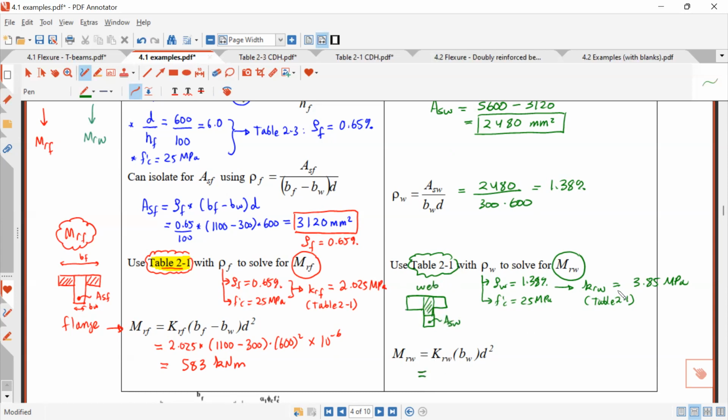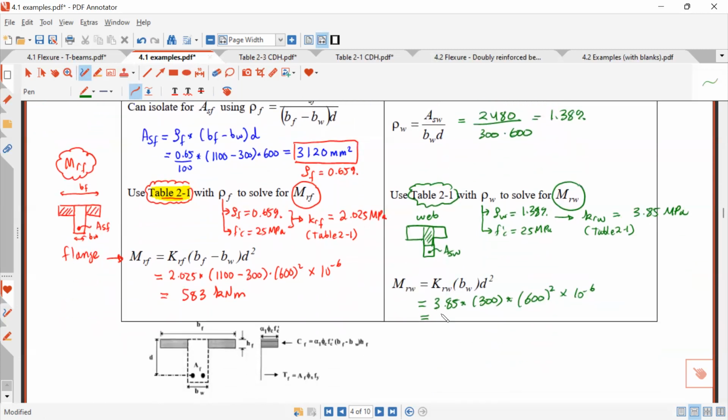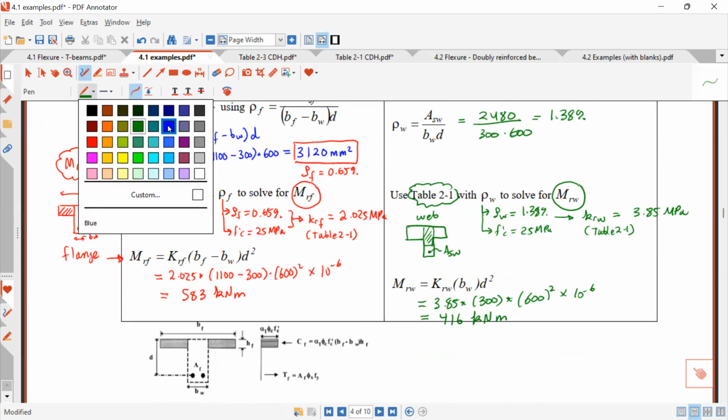I had found this KRW, it's 3.85 times BW, which is 300, times D squared, which is 600 squared, times 10 to the minus 6. This gives me an MRW of 416 kilonewton meter, right?